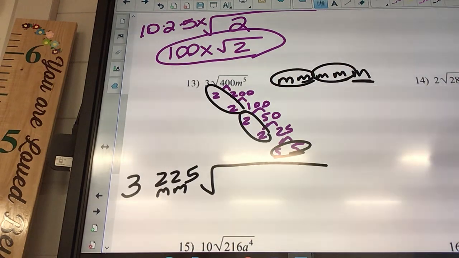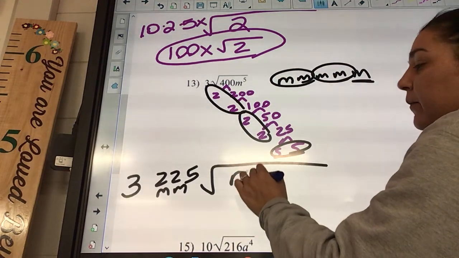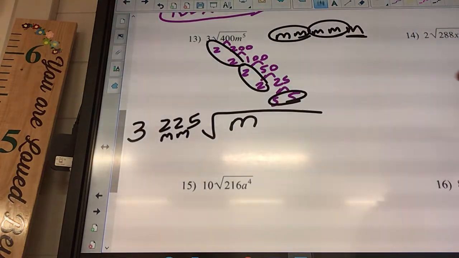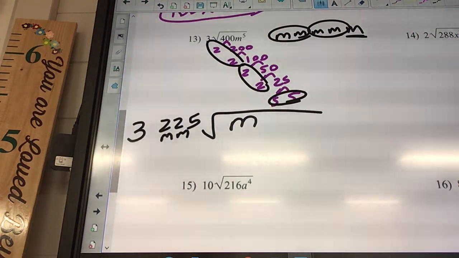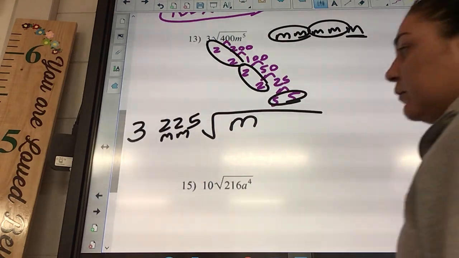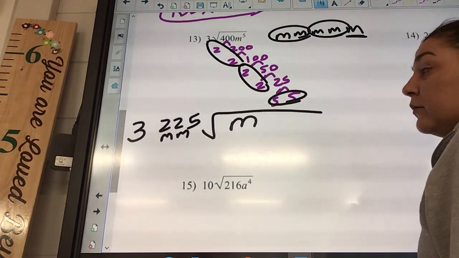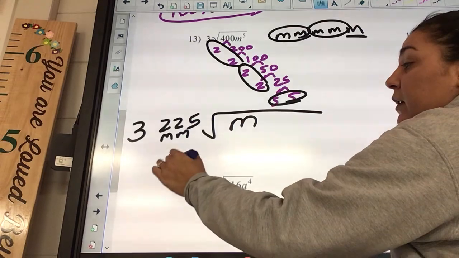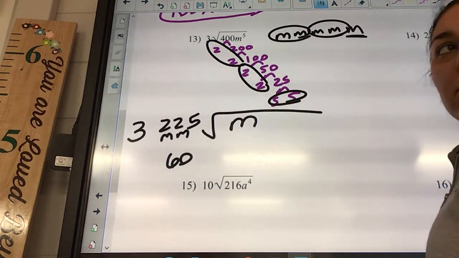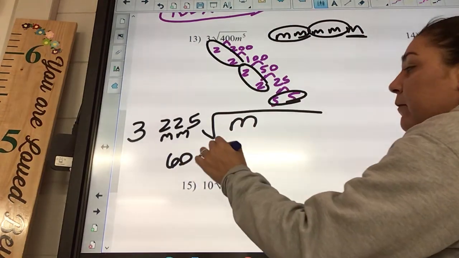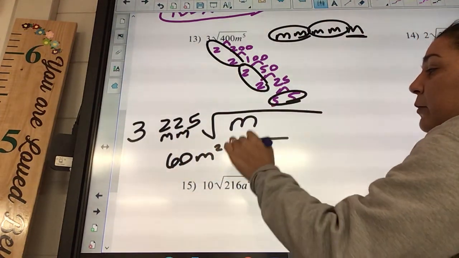No, so where's he going to go? Back on the inside. So what is 3 times 2 times 2 times 5? 60. 60 what? m squared, because I have 2 of them. Square root of m.